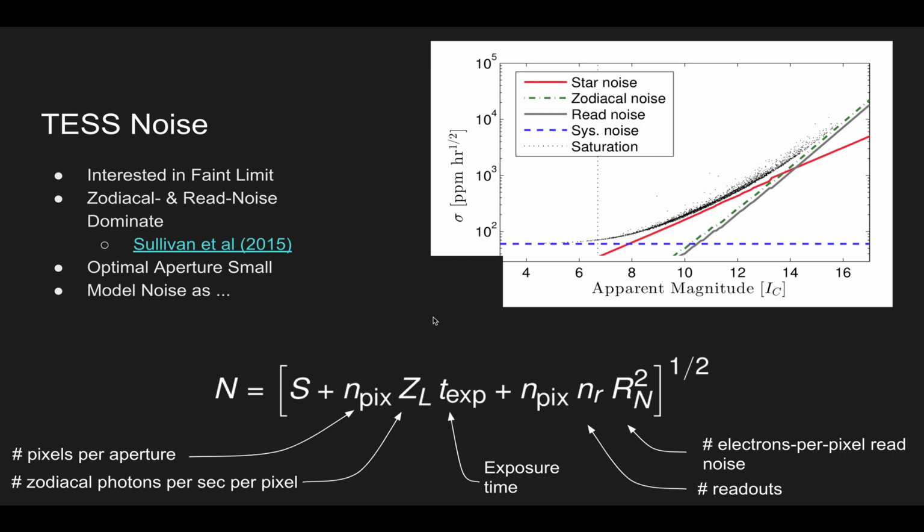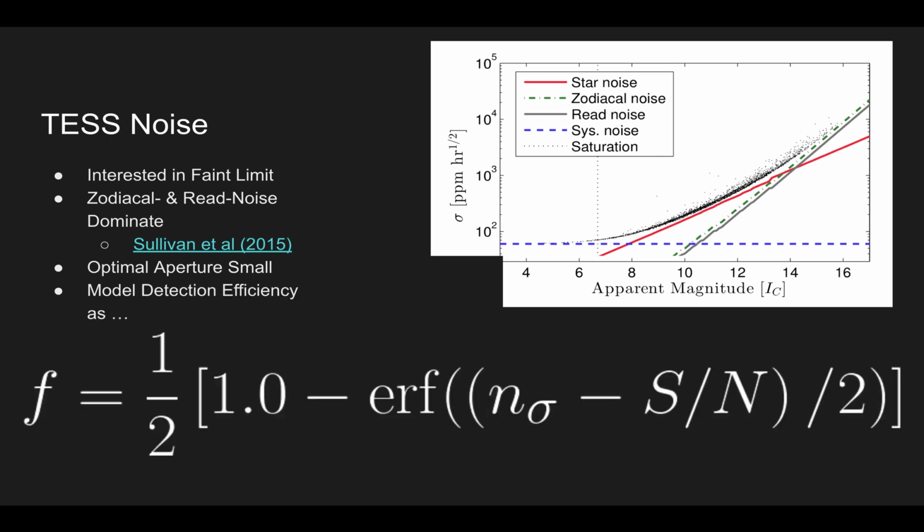And then we can take that and put it into a detection efficiency calculation that says what's the expected signal to noise ratio for a given object of a given magnitude, and let's compare that to some significance with which we want to detect things. So we might want to detect things at a 5 sigma level, something like that.